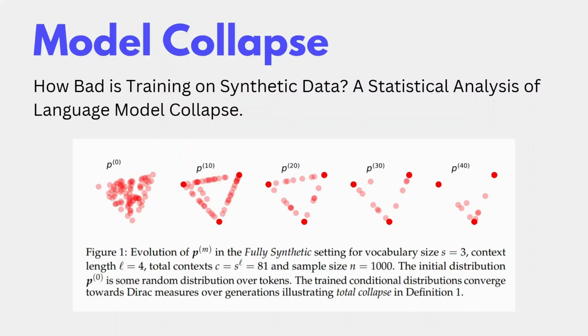So in order to avoid problems like model collapse, it is important that synthetic data is combined with real data and is also reviewed by humans so that it reflects our actual lived experience.